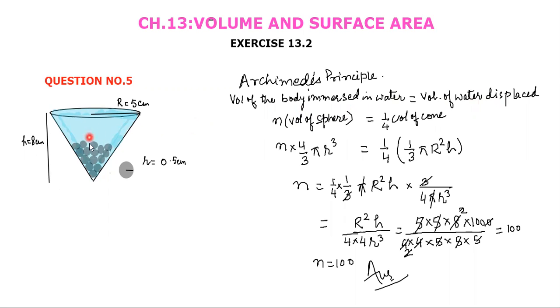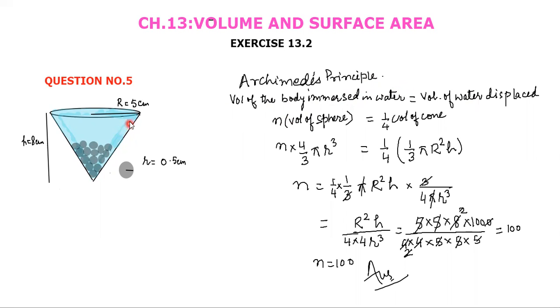In the water, you have immersed n number of spheres, we don't know the number, so we will say n. So the volume of the body immersed is equal to n times the volume of one sphere. This is the volume of water immersed, and that will be equal to the volume of water displaced.